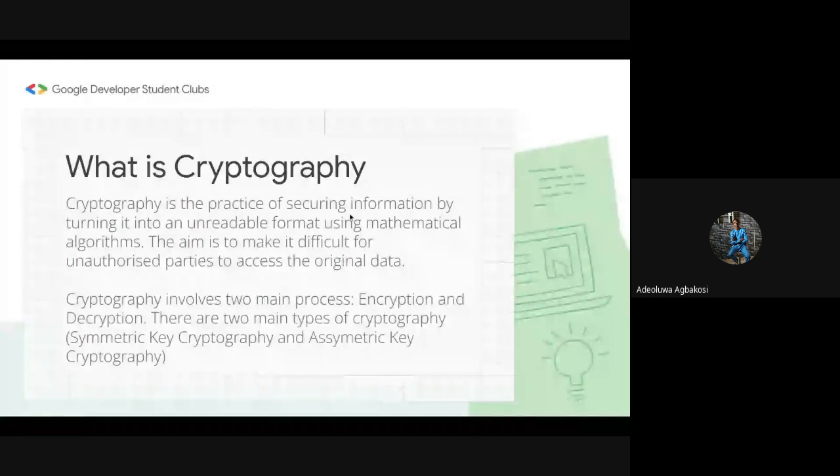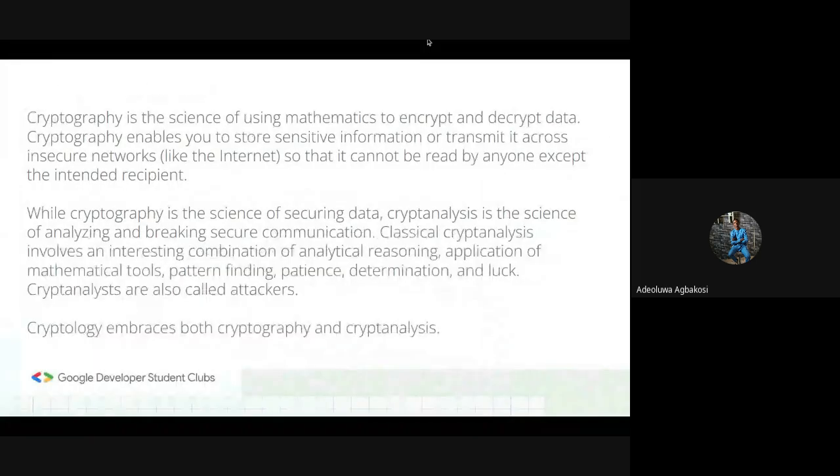Let's move on. Now, cryptography is a mathematical concept. It involves lots and lots of mathematics. So, cryptography is the science of using mathematics to encrypt and decrypt data.